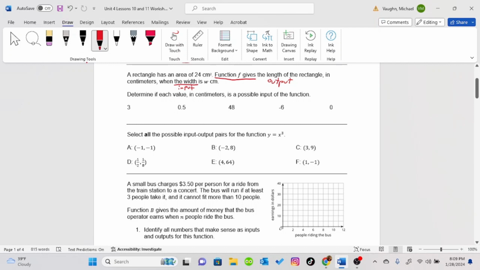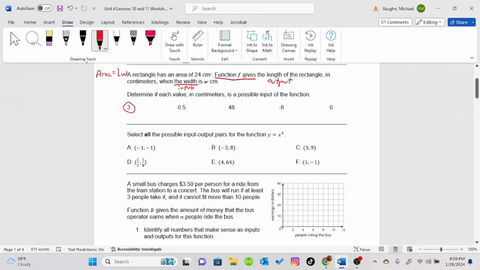So we need to understand that the area of a rectangle is length times width. So 3 times 8 equals 24. So 3 could be the width if the length is 8. 0.5 times 48 equals 24.